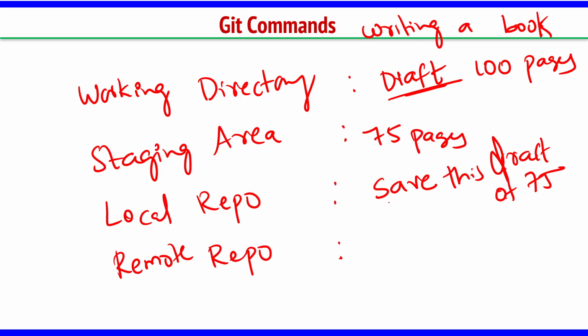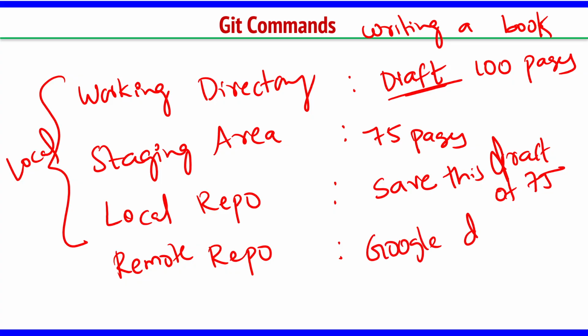Now these three are on your local machine only, but you want to have it on the internet so that you can access it anywhere. So obviously you will upload it to Google Drive. Your Google Drive will now have these updated 75 pages, which can be accessed anywhere.